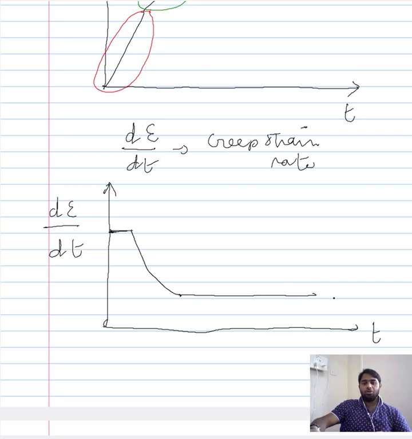And finally, you have your accelerating creep region, which is characterized by an increase in the slope, meaning there is an increase in the creep rate.